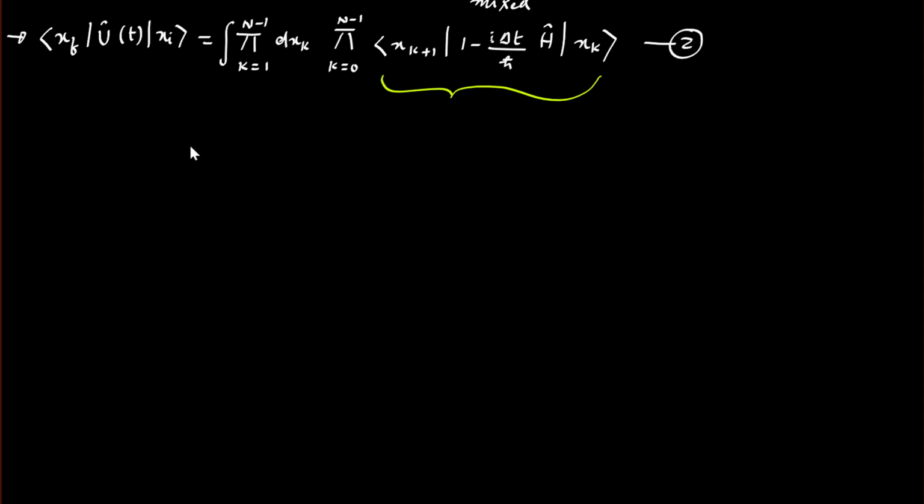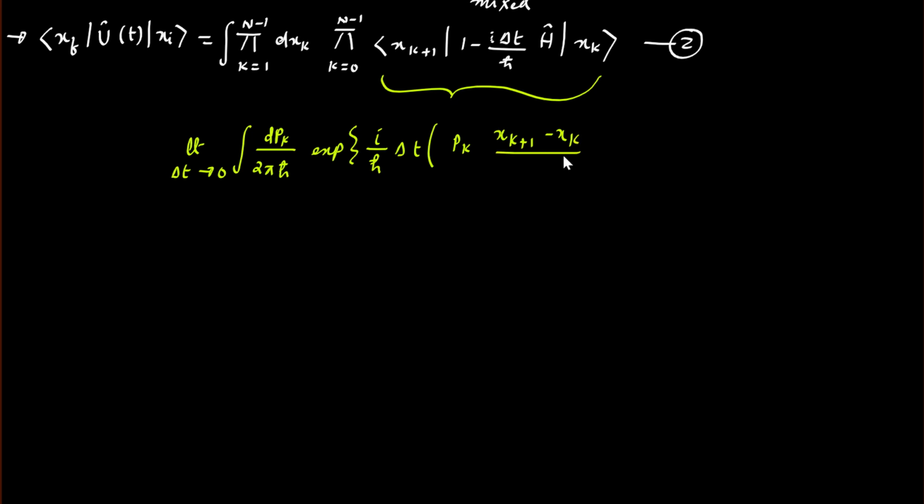This part is nothing but the limit delta t tends to 0 of the integral dp_k divided by 2 pi h cross, exponential of i by h cross delta t times the bracket p_k times (x_{k+1} minus x_k) divided by delta t, minus H(p_k, x_k bar).